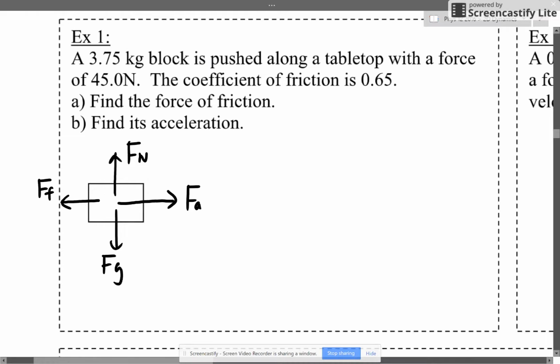So if I can get Fg, which is mg, which is 3.75 kilograms multiplied by the force of gravity, we can do that quite easily, and the answer is about 36.75 Newton.